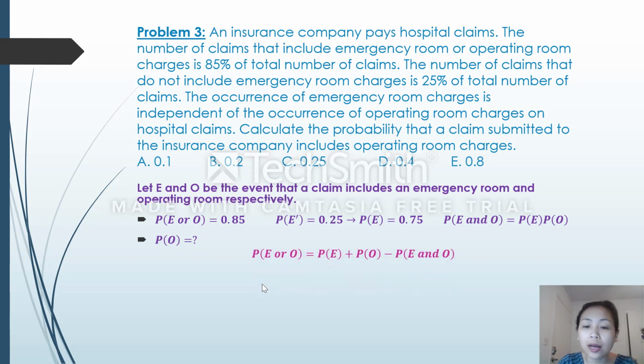So by the addition rule we have probability of E or O is probability of E plus probability of O minus probability of E and O.